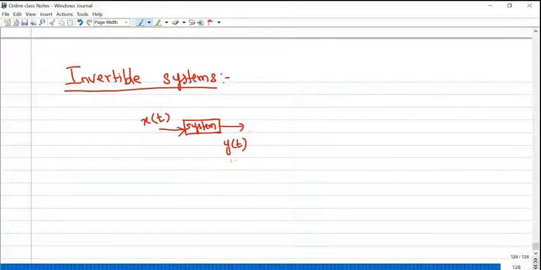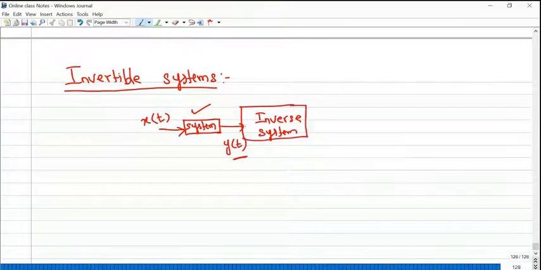Okay, now, this system is invertible if and only if the inverse system exists for this particular system. What do you mean by inverse system? If I design a suitable system, I can able to get my x of t again. Then this particular system is said to be invertible system.